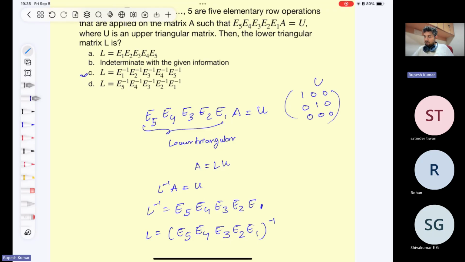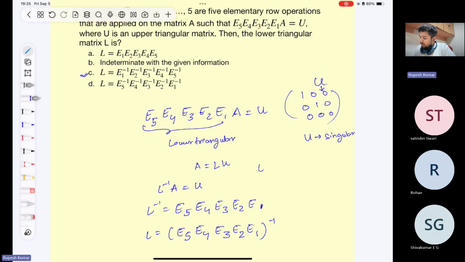So let's say this is your U matrix, right? Fine. There are no non-zero elements below the diagonal. Everyone agree with this? Fine. Now you can see that U is singular.